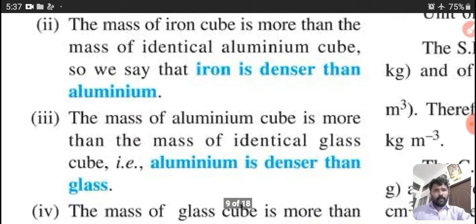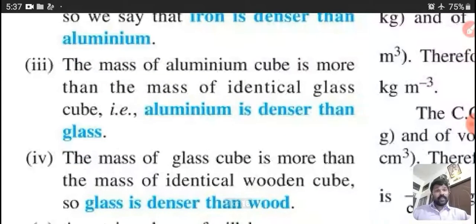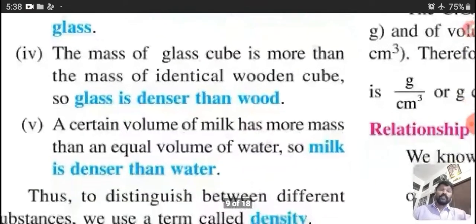Another point is the mass of the aluminium cube is more than the mass of the identical glass cube. So we can conclude that aluminium is denser than glass. Another point is the mass of the glass cube is more than the mass of the identical wooden cube. So glass is denser than wood.